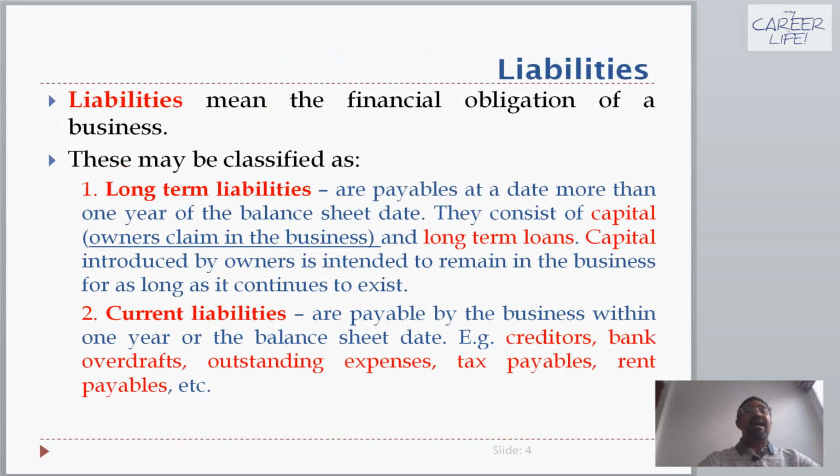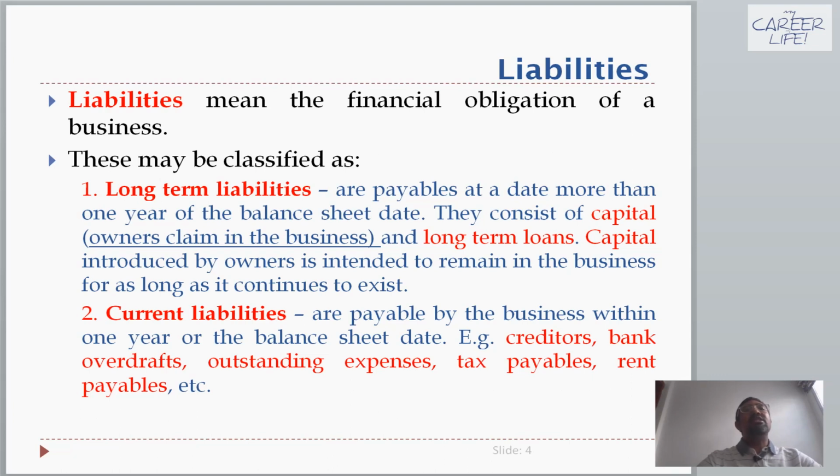Then we have liabilities. Liabilities here mean any financial obligations of a business. We also have two categories here. We have long-term liabilities and current liabilities. The first one, which is long-term liabilities, they are payable at a date more than one period. That means more than a year.